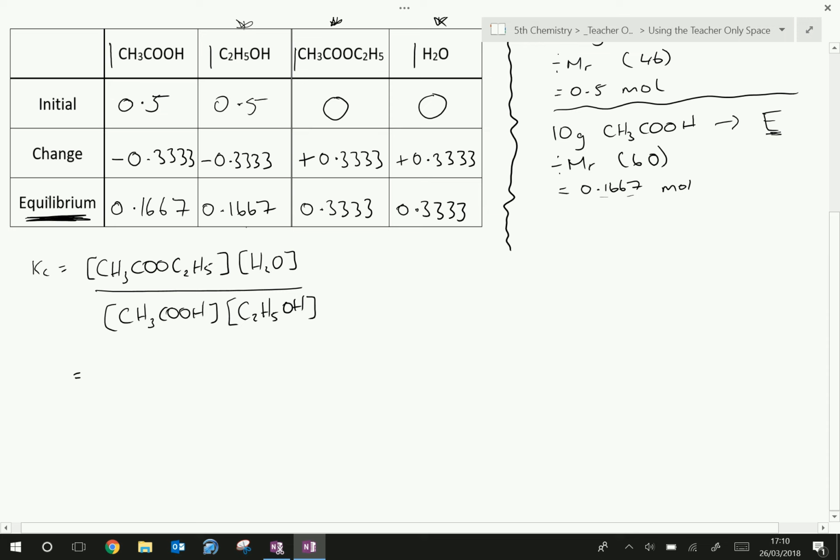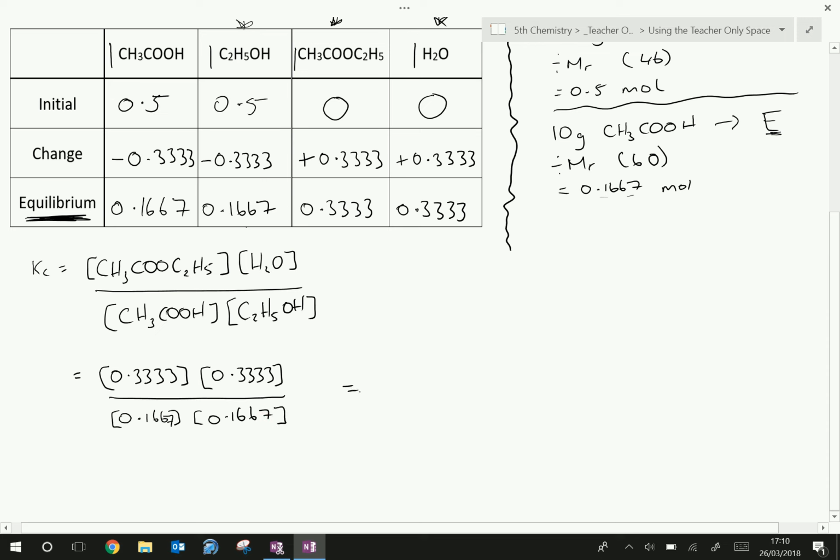So to substitute into there, I need the concentration of my ethyl ethanoate, and that's 0.3333. My water concentration is the same, all over my ethanoic acid concentration and my ethanol concentration.